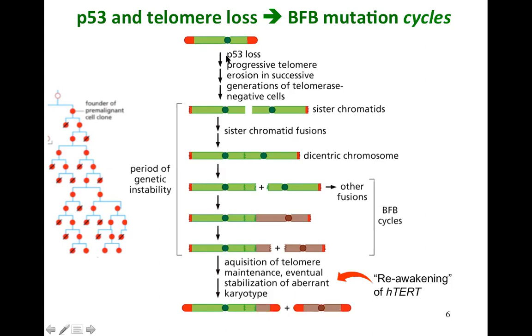So if you lose P53 in the cell due to mutations, for example, you're going to get progressive telomere erosion that goes shorter and shorter and shorter with every cell cycle, because P53 is not available to stop the cell from dividing. And then you're going to end up with these sister chromatids that fuse together.